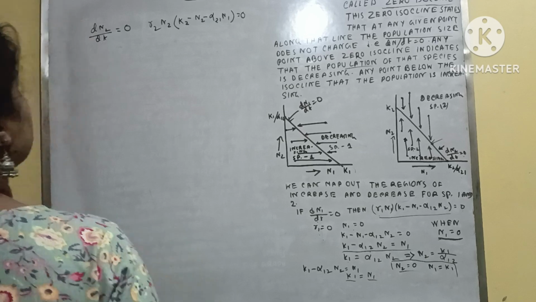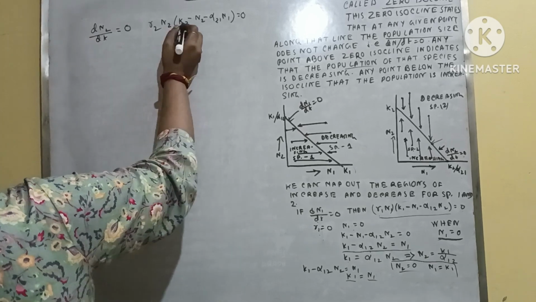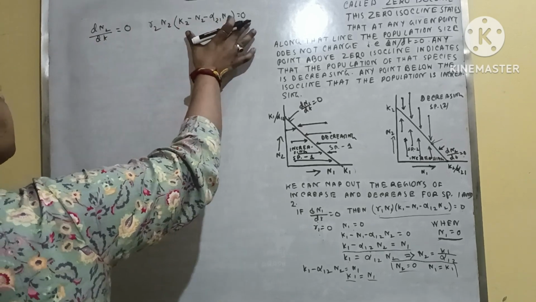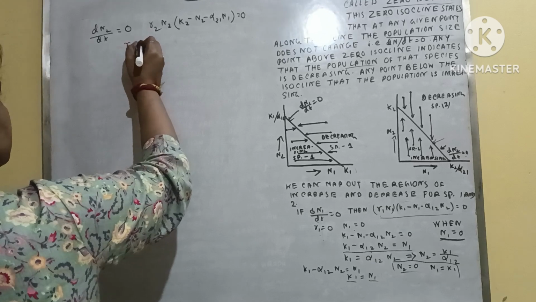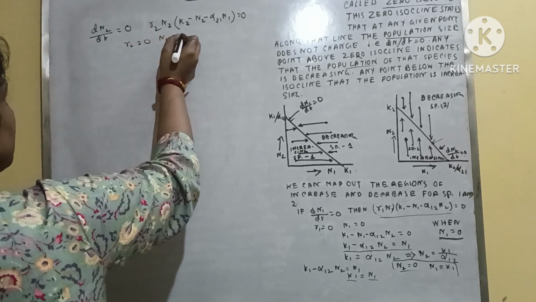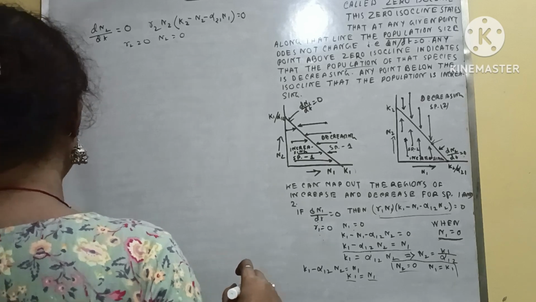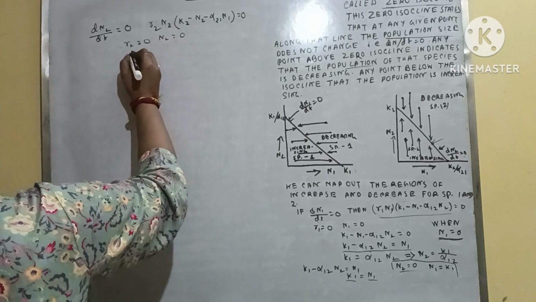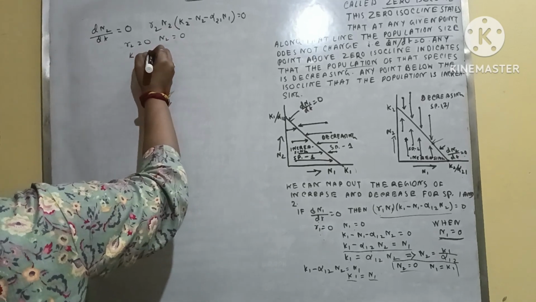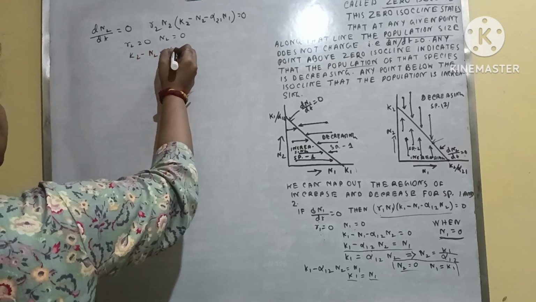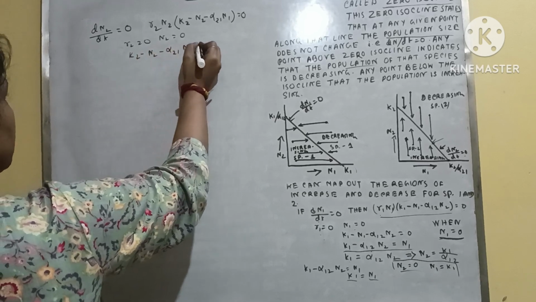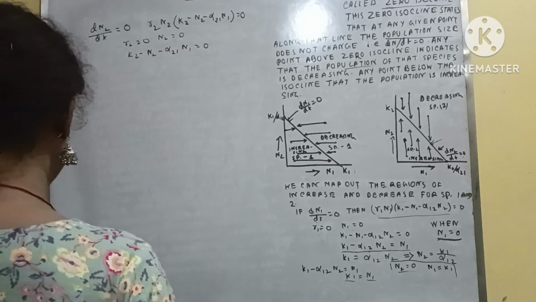Okay, now here if this one is 0, that means R2 is 0 and N2 is also 0. Okay, next you can write K2 minus N2 minus alpha 2 1 N1 is equal to 0.